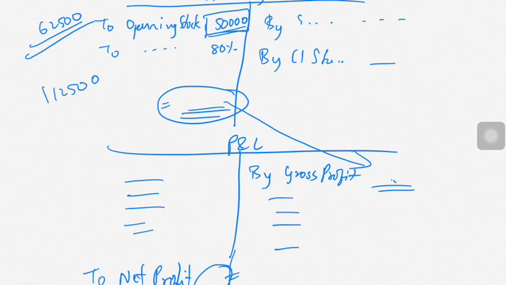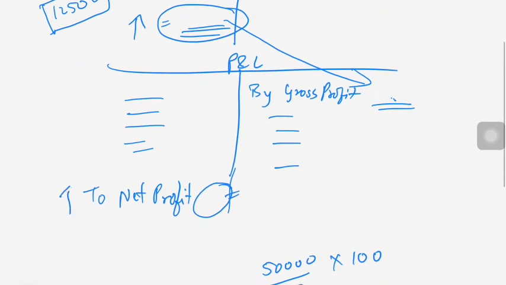So when opening stock is understated by 12,500, the difference is 62,500 minus 50,000, so your gross profit is overstated by 12,500 and your net profit is also overstated by 12,500.